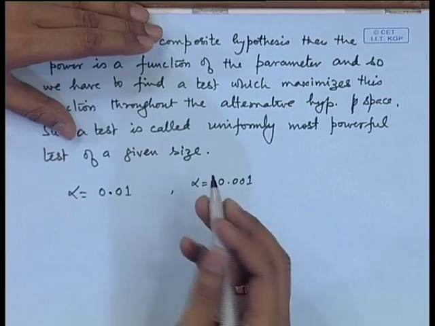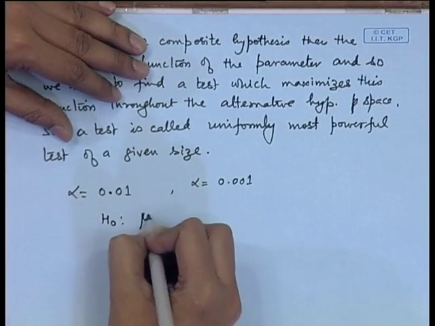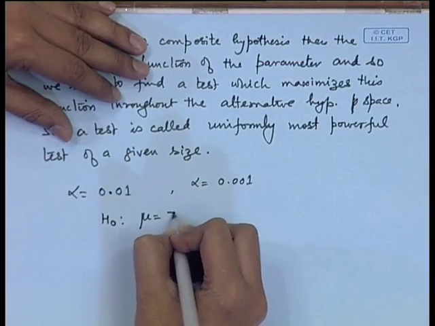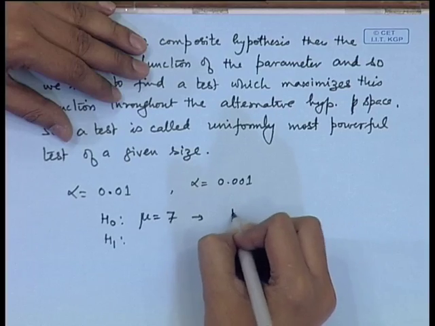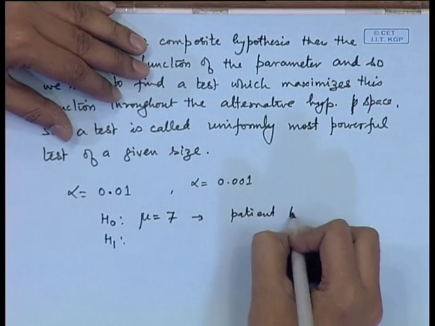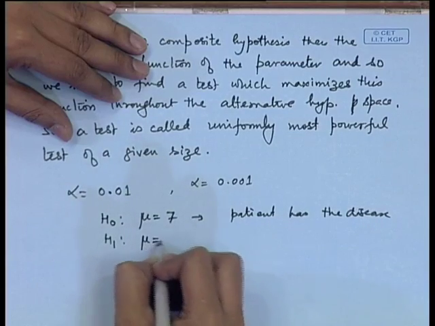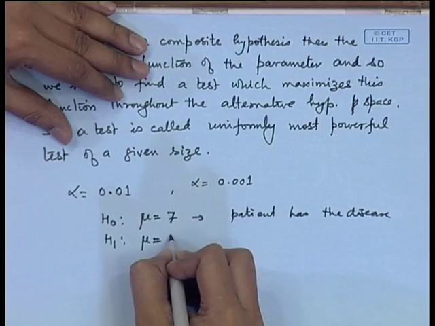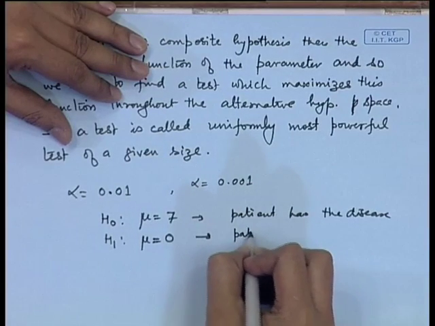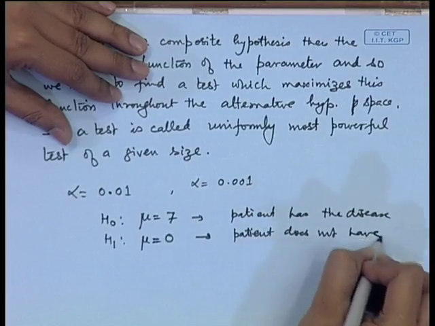So, for example, we may conclude that there is a particular kind of test and it may give the value say mu is equal to 7, then the patient has the disease, and mu is equal to 0, then the patient does not have the disease.